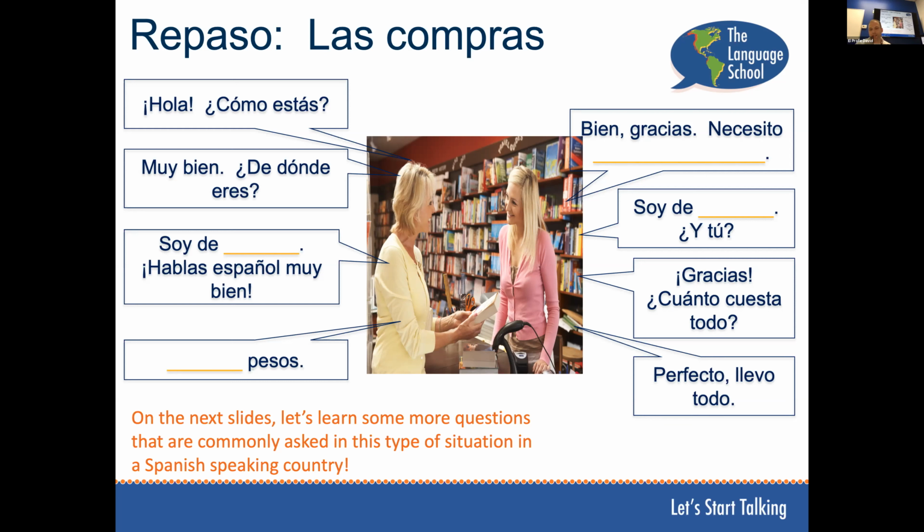All right, very good. So we can see kind of the basic dialogue that we introduced, but we've added a couple of extra questions. And the reason why I'm doing this is to try and help you prepare for a real shopping situation. If you're like most of my Spanish students, when you walk into a store in some place in Latin America, people are going to be almost automatically identifying you as a non-native Spanish speaker, right?